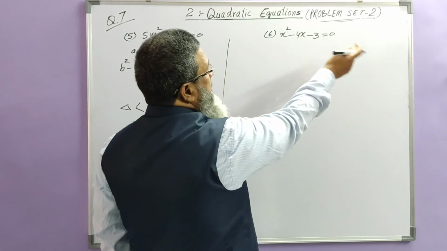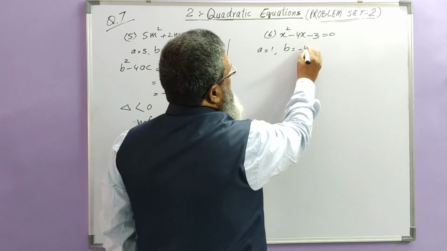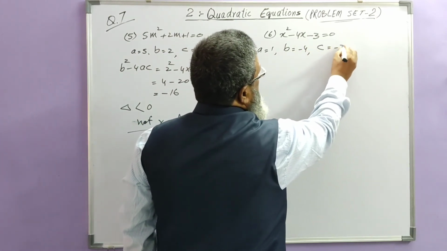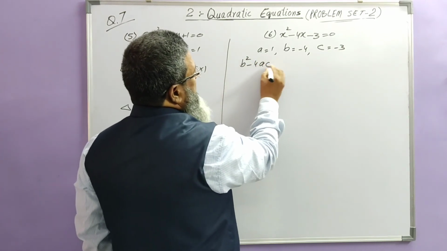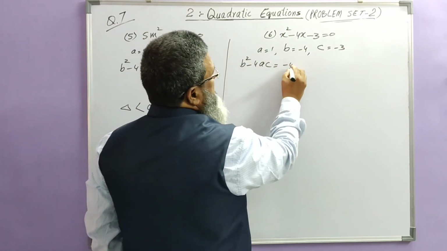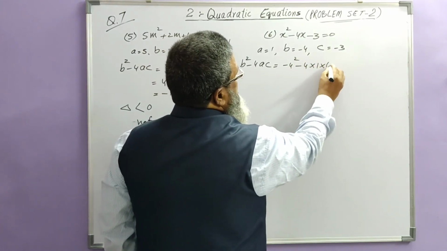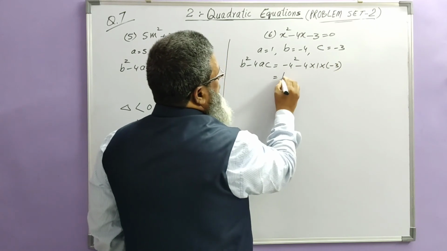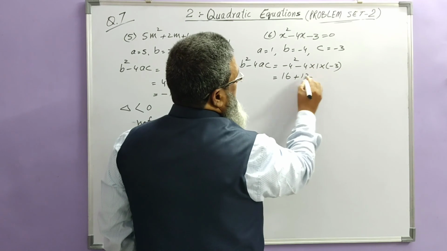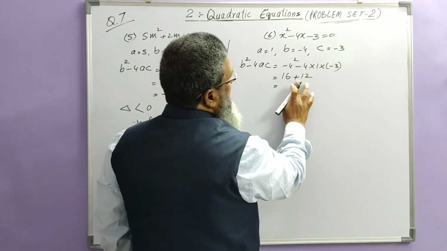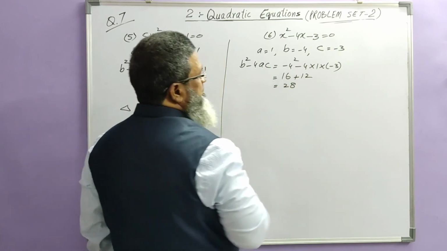So go to the formula method. a is equal to 1, b is equal to minus 4, c is equal to minus 3. b square minus 4ac is equal to minus 4 square minus 4 into a into this c is minus 3. 4 square is 16, this minus minus gets plus, 4 threes are 12, is equal to 16 plus 12 is 28.